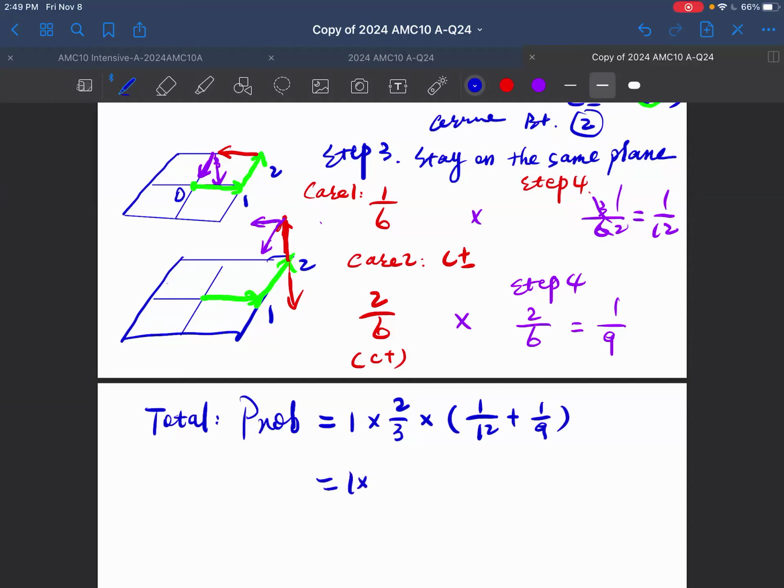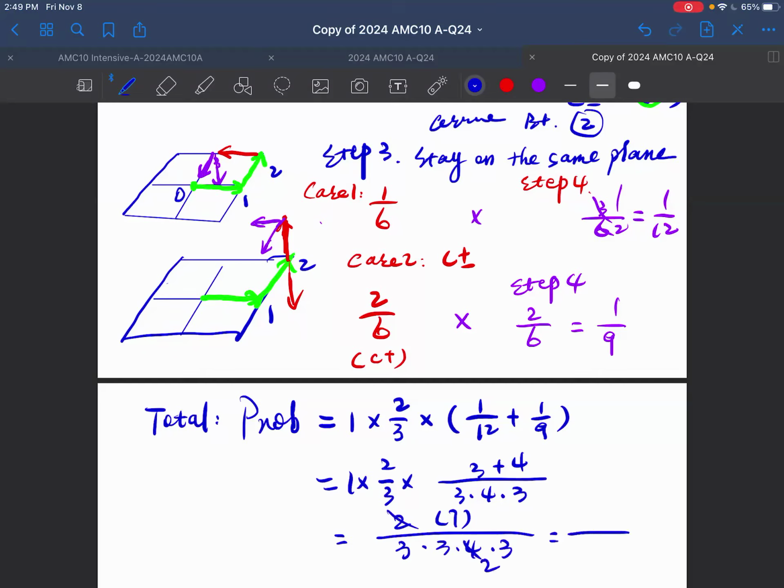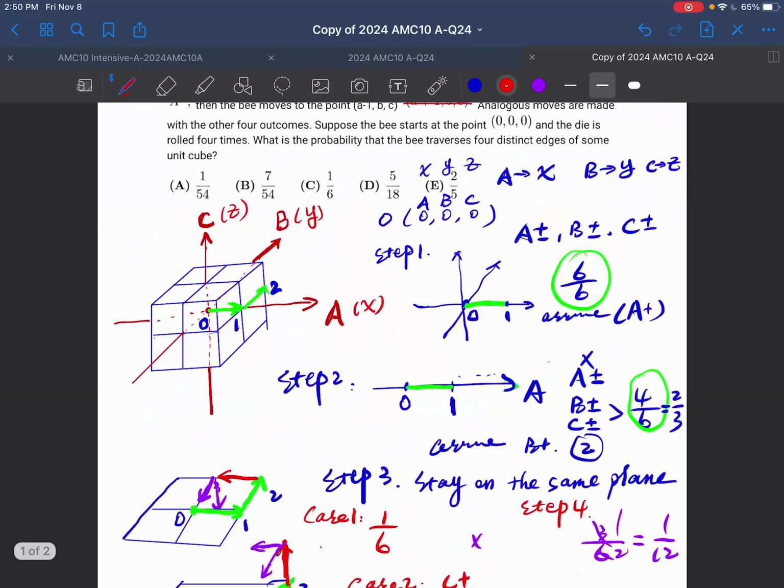So let's do this calculation. So this needs 3, this needs 4. So that's 3, 2, here is 7. So here is 3, 4, 3. So you can cancel this out. So this gives you 27 multiplied by 54, with this one on the top. So that should be our final answer. Let's check. So that will be answer B.